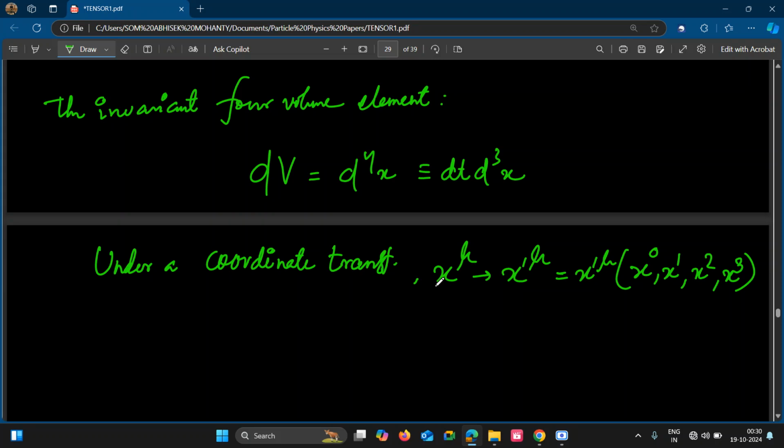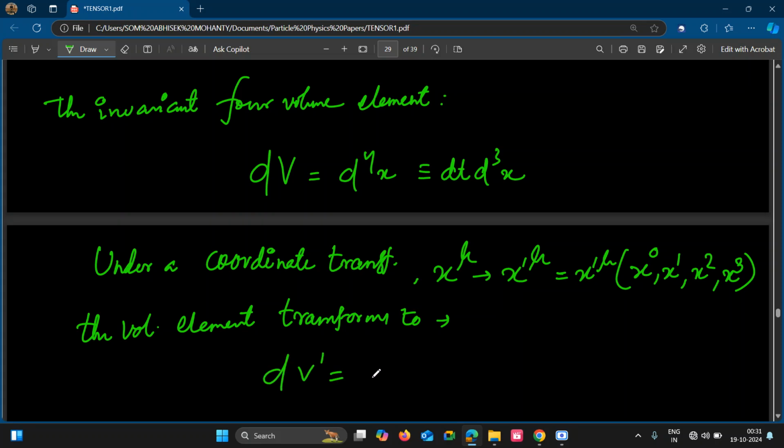So the volume element, if this is the coordinate transformation, will transform how? The volume element transforms to dV' is equal to what?